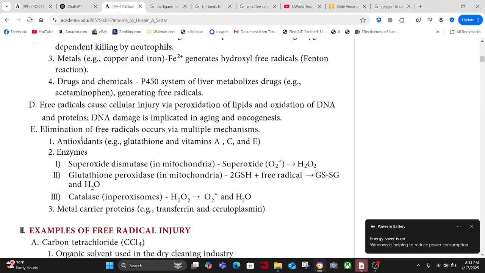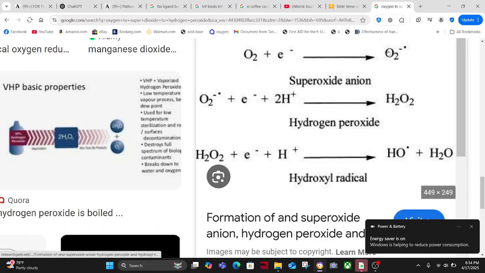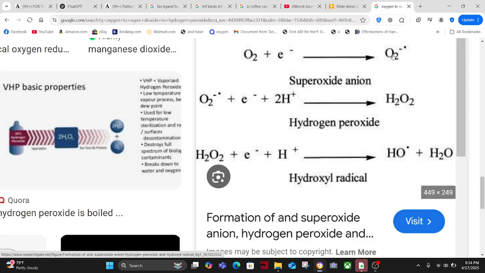What happens here is that superoxide, remember we talked about superoxide right here, gets converted to hydrogen peroxide by something known as superoxide dismutase. And in the end you get water.